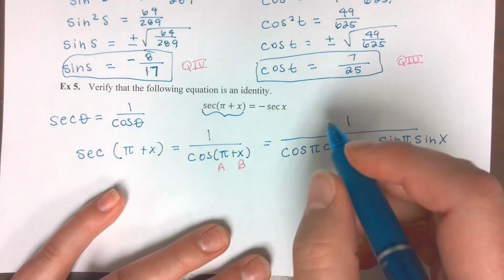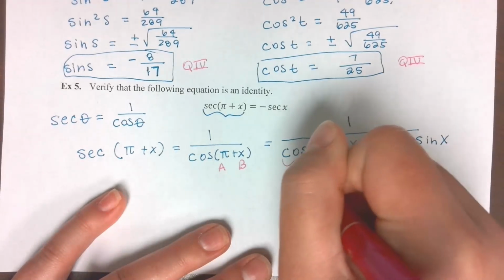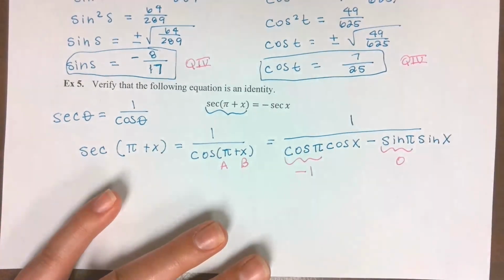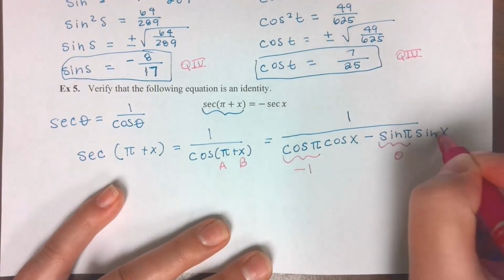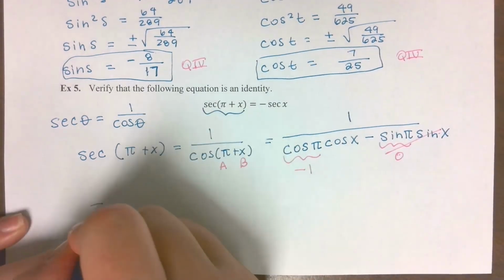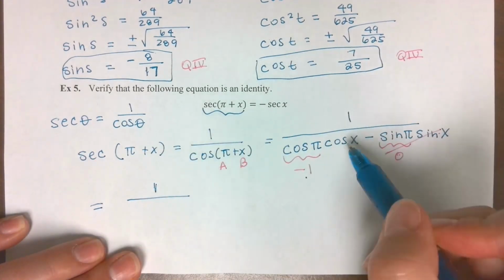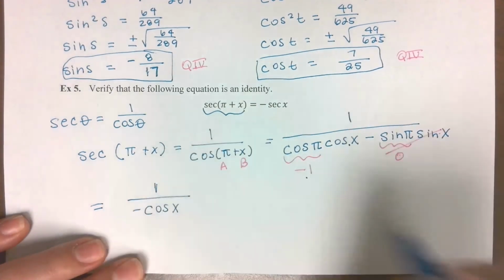Cosine of pi is -1, and sine of pi is 0. So if sine of pi is 0, 0 times sine is going to give me 0. So I'm left with 1 over -1 times cosine x, or negative cosine x.